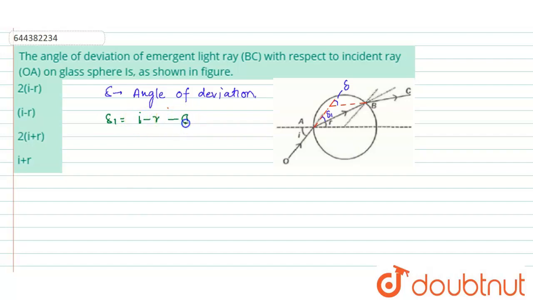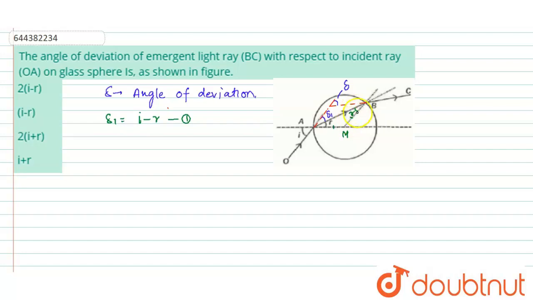Let this be equation number 1. Now you can see that this is simply a sphere, and let us take this as point M. MA is equal to MB, both are radii of the circle. Very easily, if this angle is r, then this angle will also be r.